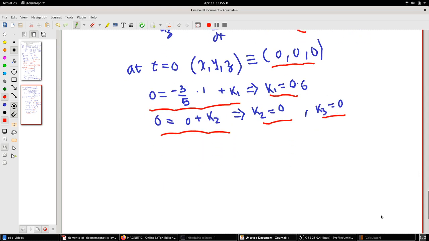So now what I can do is plug in the values of k1, k2.